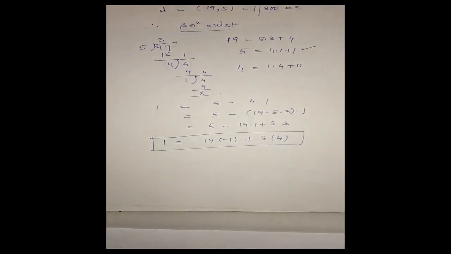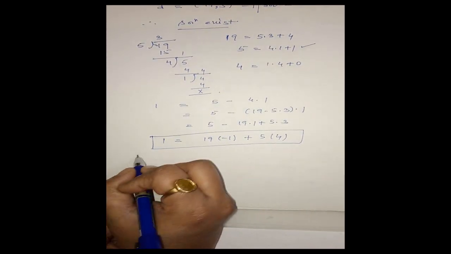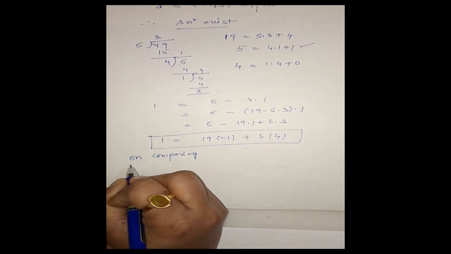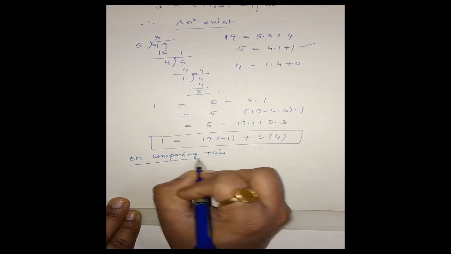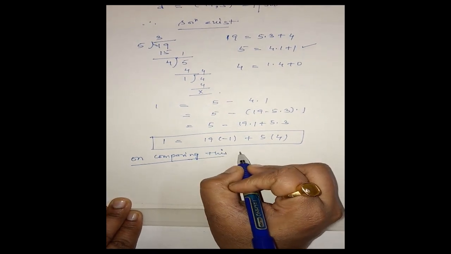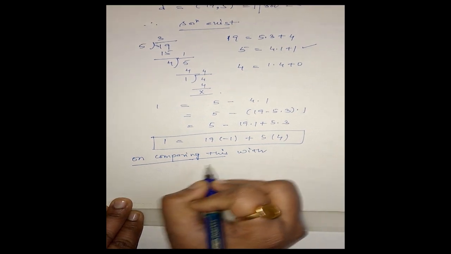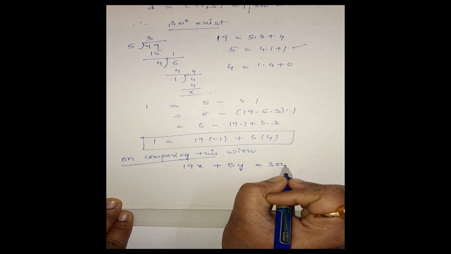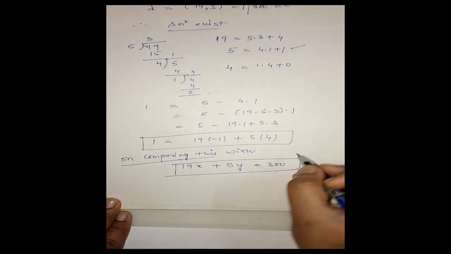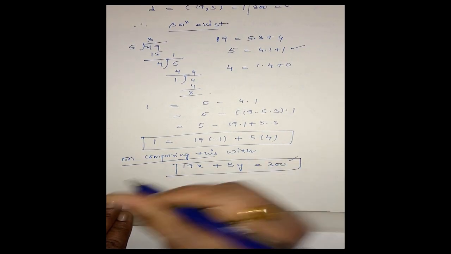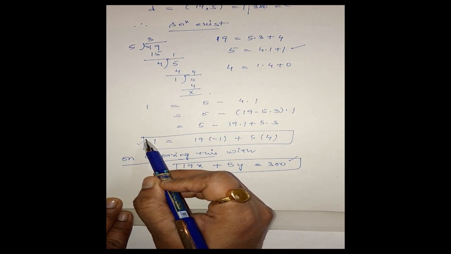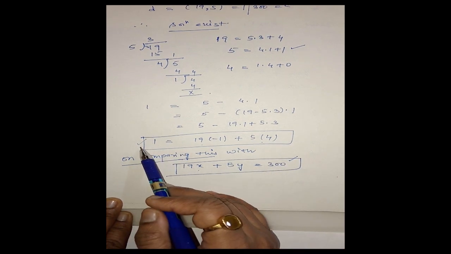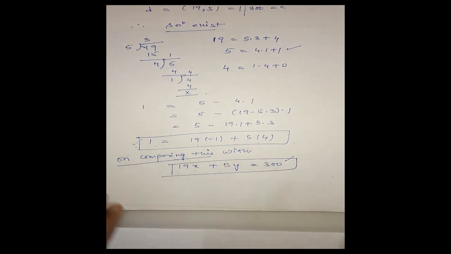Now on comparing this with the equation we want to solve, 19x plus 5y is equal to 300, see here, in this equation we have 300 on the right hand side, but here we have 1 on the right hand side. Now we will multiply this equation by 300 on both sides.